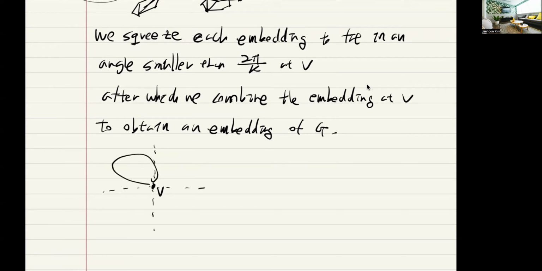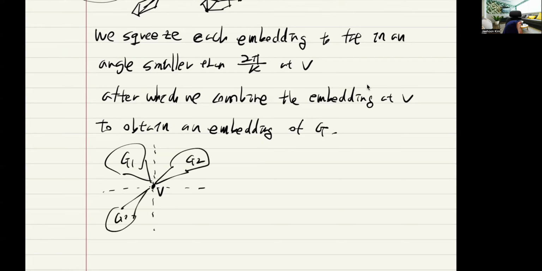And then you draw G1 in one of the regions, and G2 and G3, and then Gk here.